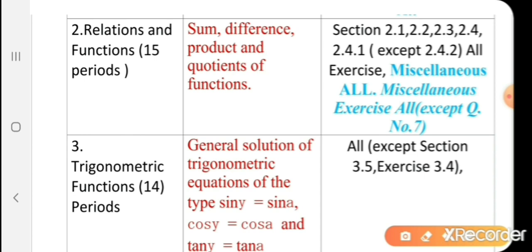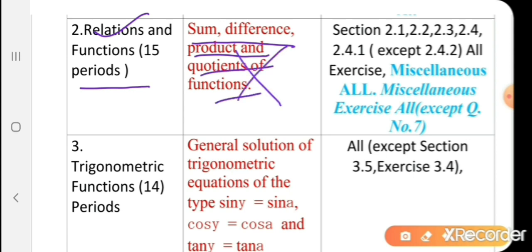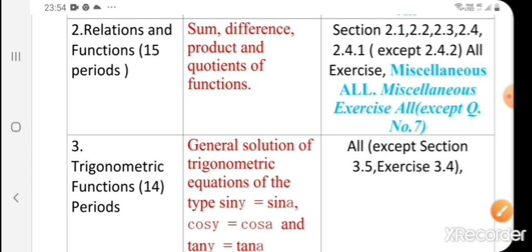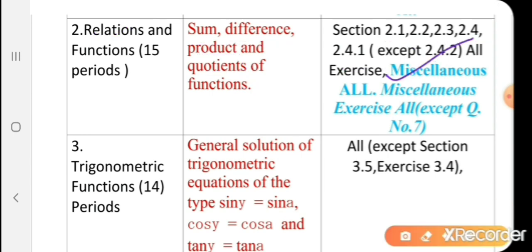The second chapter, relations and functions, we have to finish within 15 periods. Not included are the sum, difference, product and quotient of functions. We have to read sections 2.1, 2.2, 2.3, 2.4, 2.4.1 except 2.4.2, and all exercises.